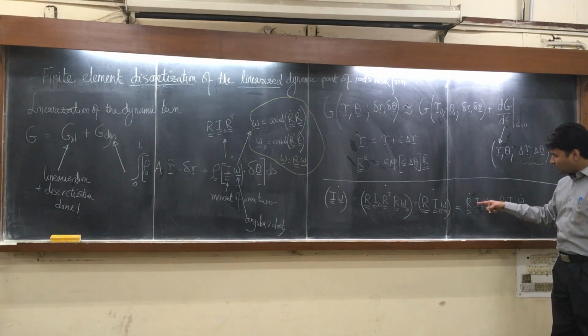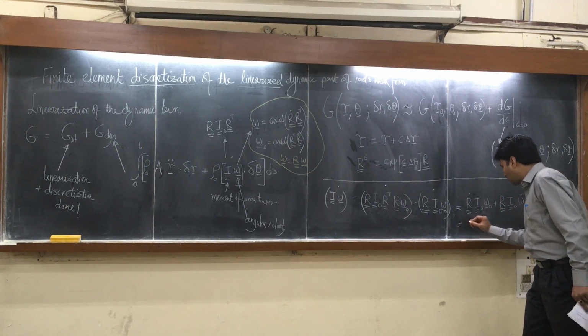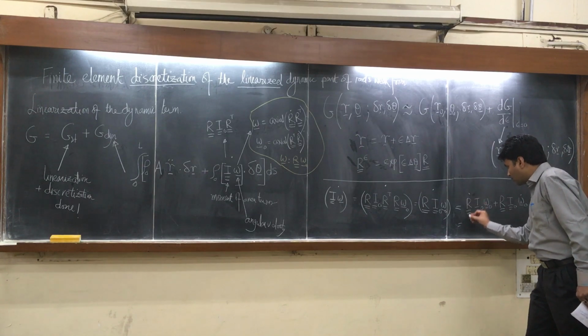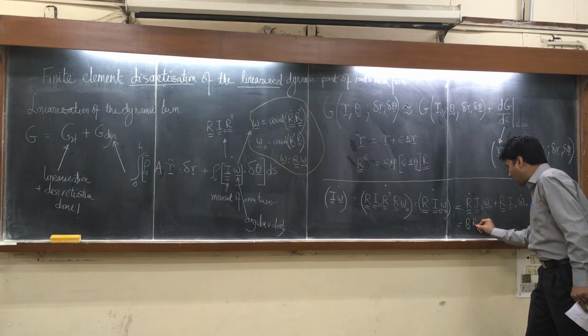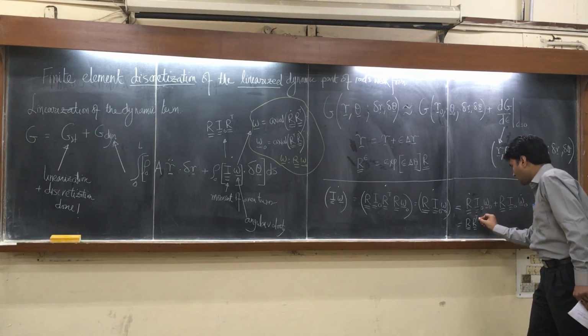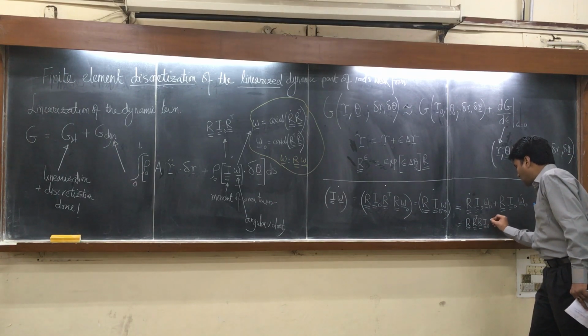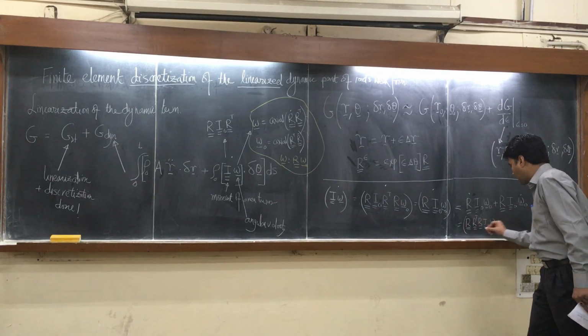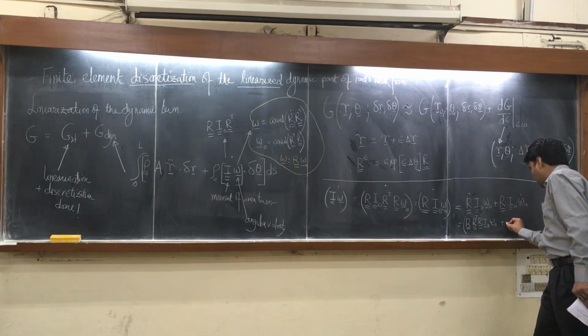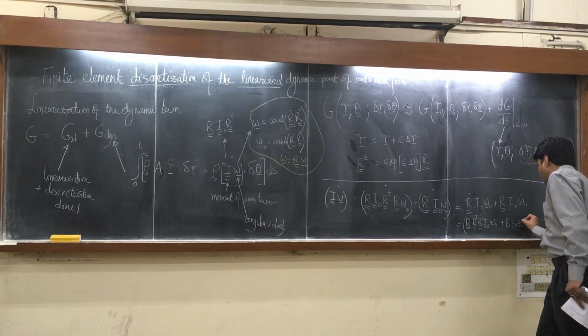And then what we do is a trick here. So we can do the following. We pre-multiply by R into R transpose, and then we have R dot R transpose R I naught omega naught, and plus this R I naught omega naught dot.